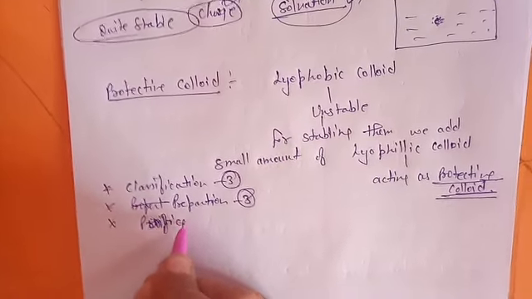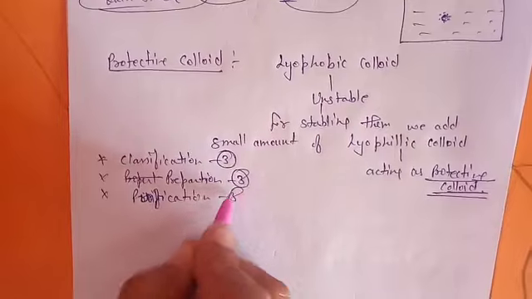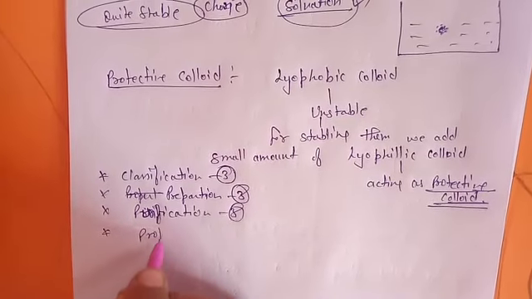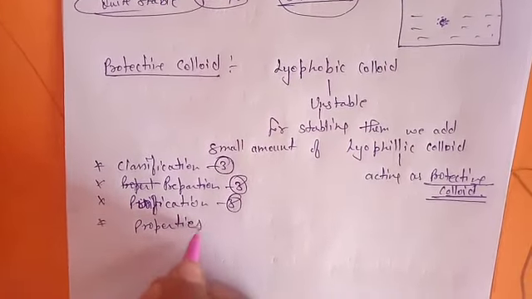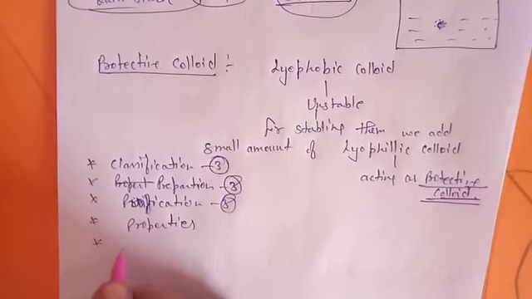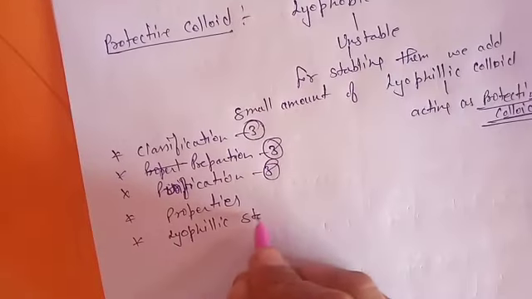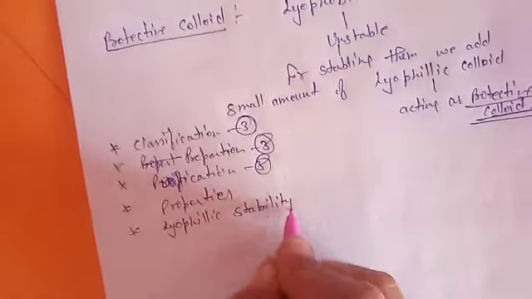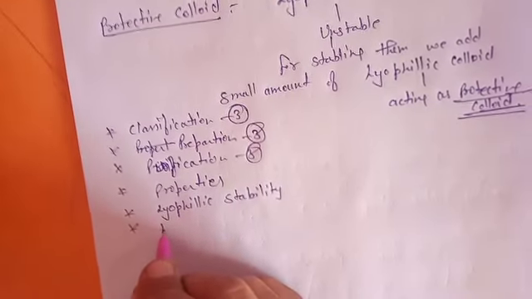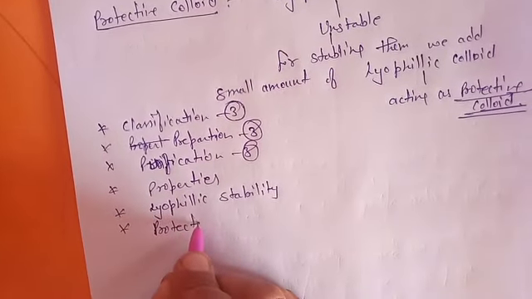Purification as well, 3 methods we discussed. Properties of colloids. Lyophilic colloids, lyophilic stability, we must know what is the reason for it. And the last topic is protective colloids.